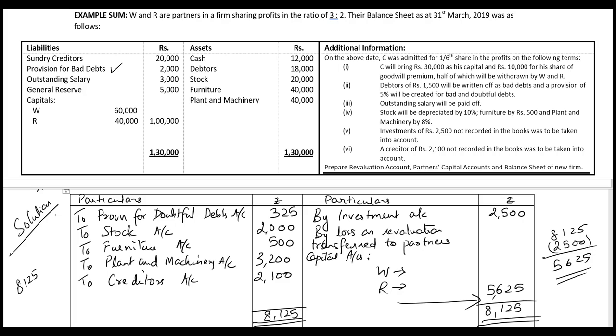So on dividing by the old profit sharing ratio of 3:2, we get for W 3,375 and for R 2,250.